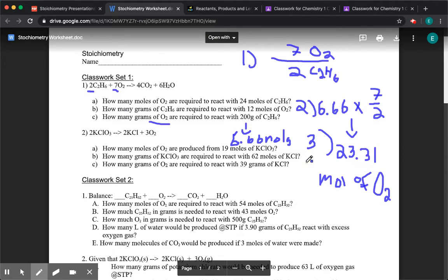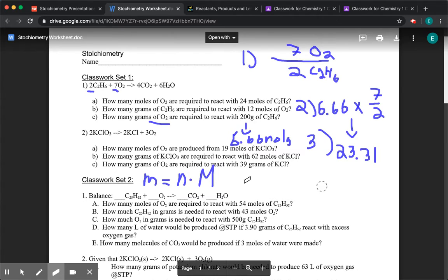We have moles of oxygen. To get grams of oxygen, if you rearrange the mole equation, you get that little m is equal to little n times big M. So mass is equal to moles times molar mass. We have the moles of oxygen. We just need to multiply it by the molar mass.